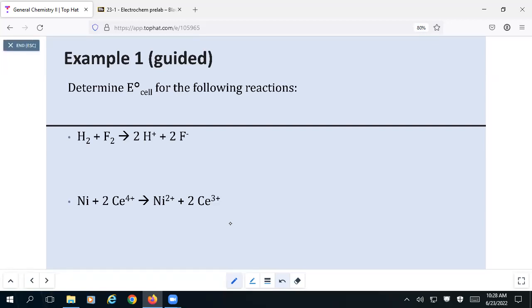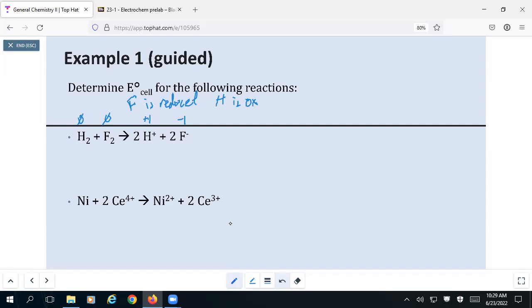So we can approach this a couple of different ways. We can look at this from an oxidation number standpoint. I've got zeros for the hydrogen and the fluorine, +1 for the hydrogen ion, -1 for the fluoride ion. So I can see that fluorine is reduced and hydrogen is oxidized.